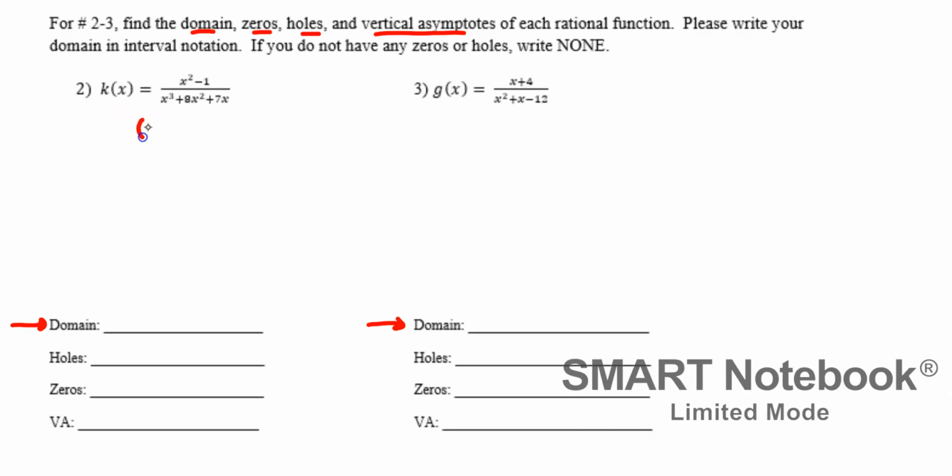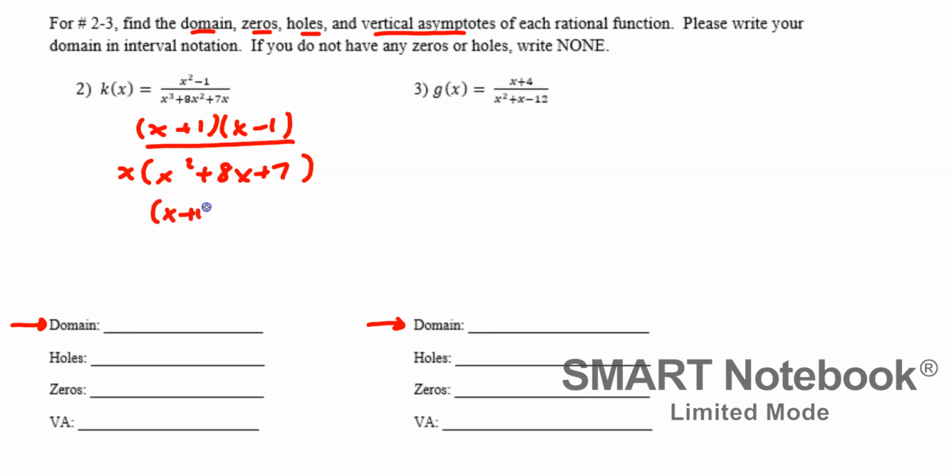So for number 2, my numerator factors to be x plus 1, x minus 1. My denominator, I can take a GCF out of x, and I'm left with x squared plus 8x plus 7. So I have x plus 1, x minus 1 over x times x plus 7, and x plus 1.